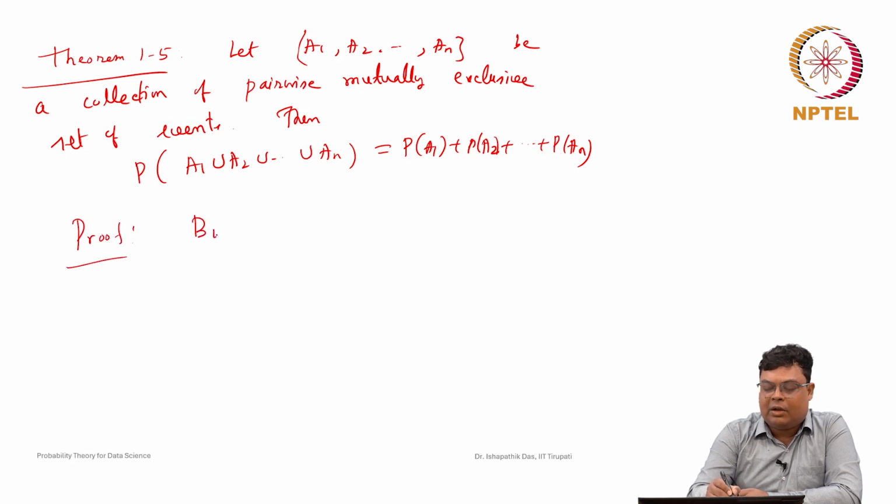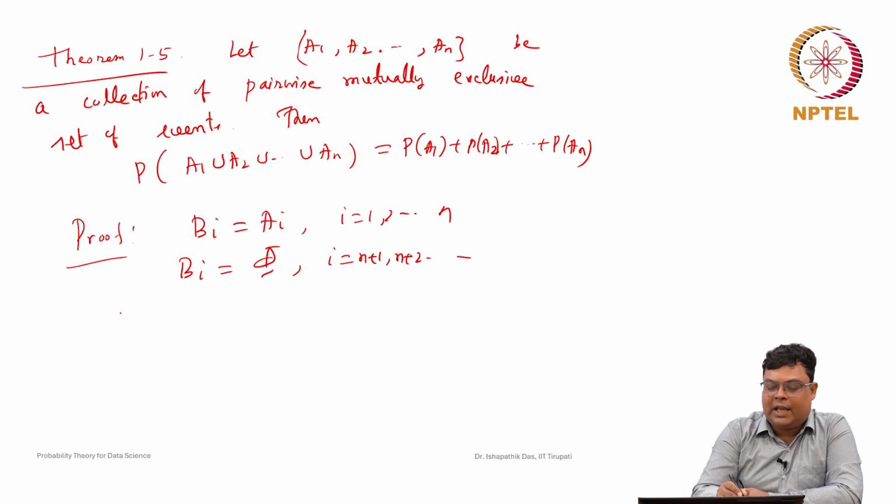Let us consider Bi equal to Ai for i equal to 1 to n, and Bi equal to the null set for i equal to n plus 1, n plus 2, and so on. Hence, we have an infinite collection, and they are pairwise mutually exclusive also.